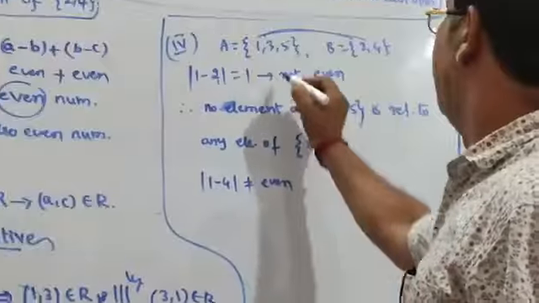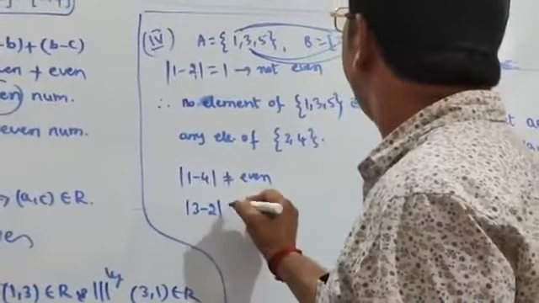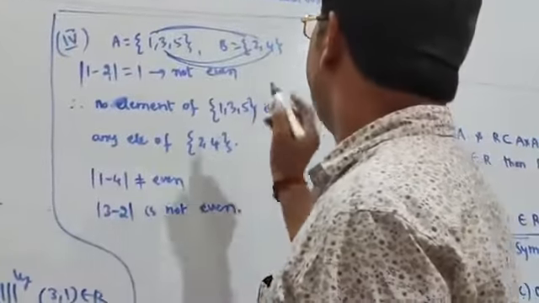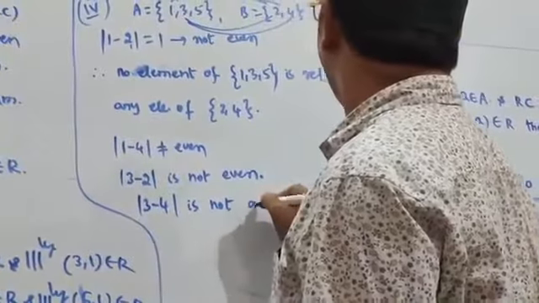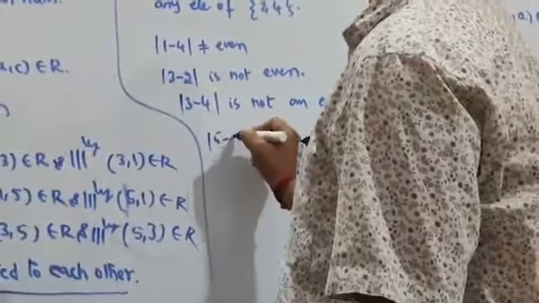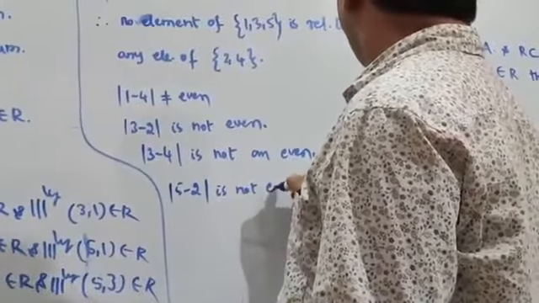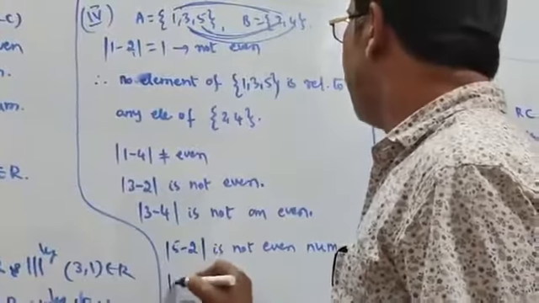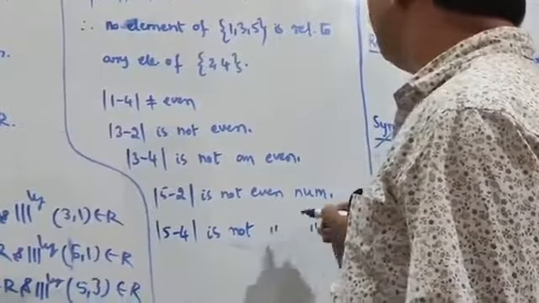Next with 3: the modulus of 3 minus 2 is not an even number, and similarly the modulus of 3 minus 4 is not even. Next with 5: the modulus of 5 minus 2 is not even, and similarly the modulus of 5 minus 4 is not even.